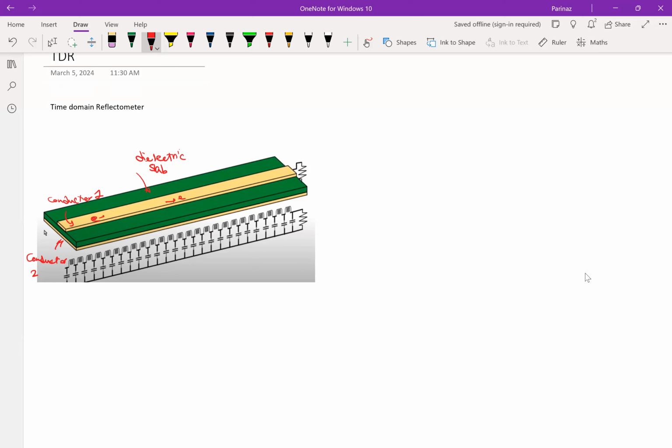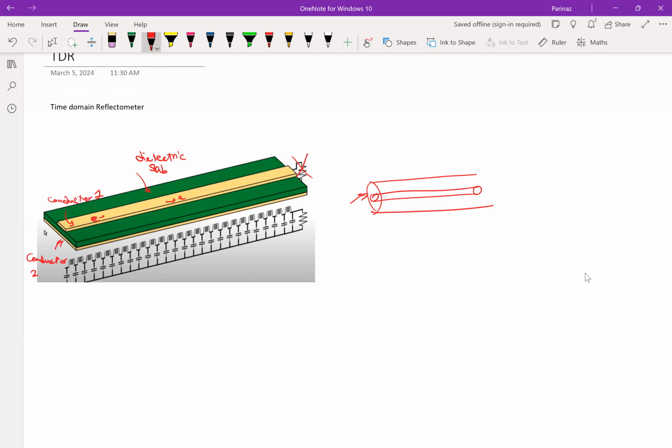Now, if there is no termination between these two, just like a coaxial line, you have an inner cylindrical cable going in, and then an outer one. Those are the two conductors you have.